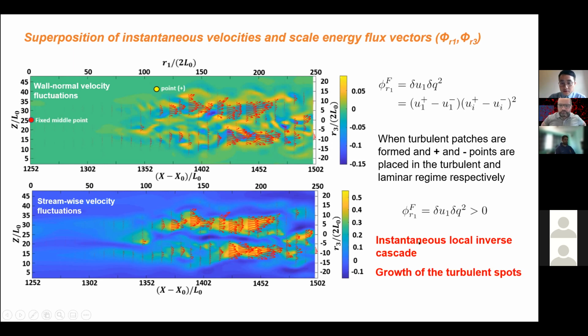This case will cause the sign of the dominant flux to be positive because the instantaneous velocity difference is positive, and that will contribute to instantaneous local inverse cascades. So from this picture, we can see how the strong positive flux is correlated to the growth of the turbulent spots.